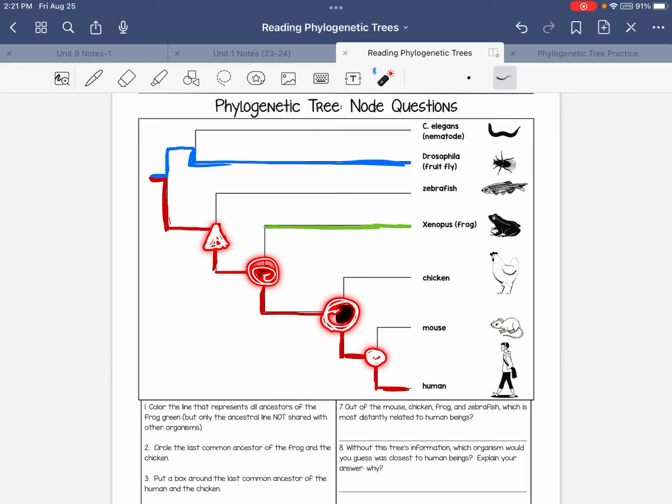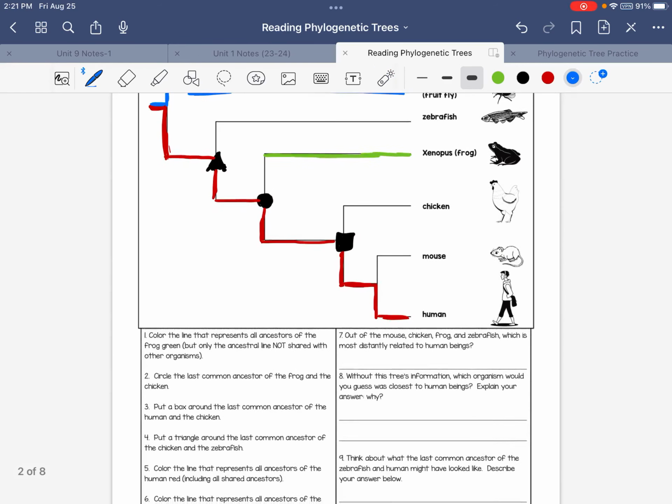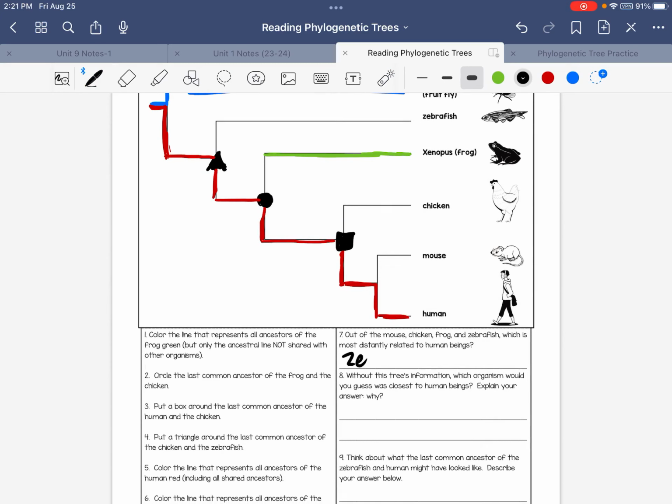So the reason it's the zebrafish is because our common ancestor with them lived a long time ago, or the longest time ago. So of the mouse, chicken, frog, and zebrafish, which is most distantly related, we'll say the zebrafish for this one. Again, because our ancestor lived a long, long time ago with the zebrafish.